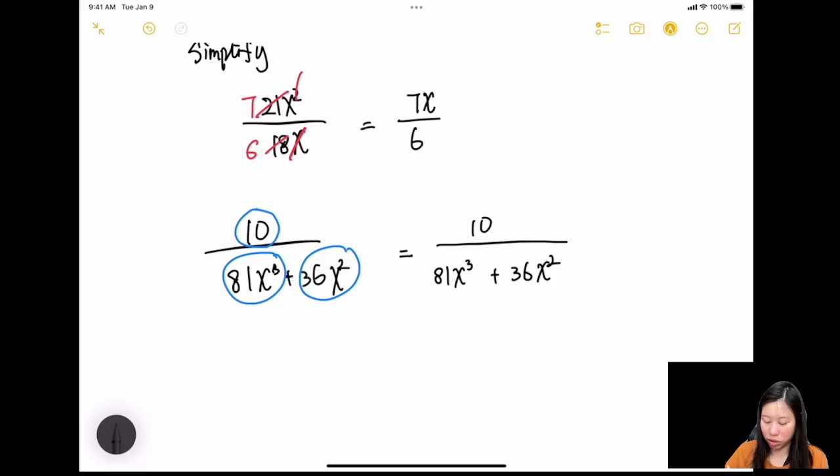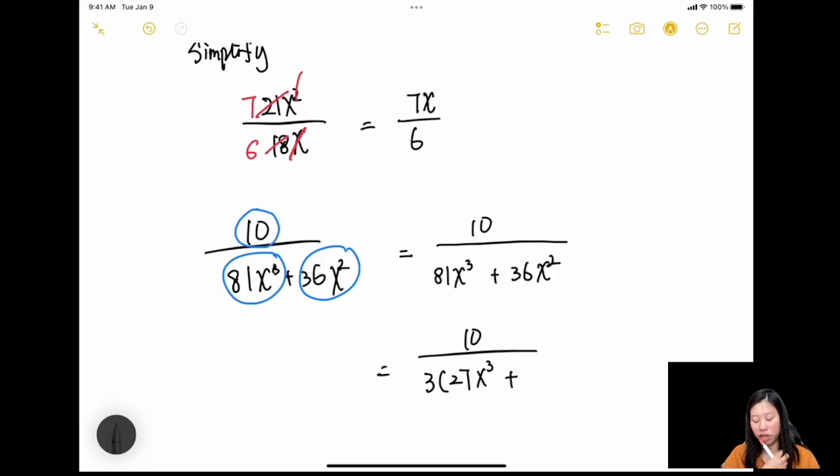Let's try to do it. So 81 and 36, what would be the common factor? They can both be divided by 3. At least that's all I know right now. So 81 divided by 3, we have 27x cubed plus 36 divided by 3, 12 x squared.